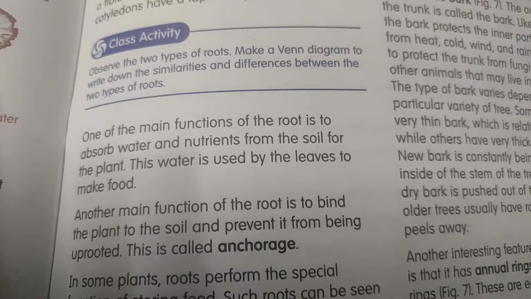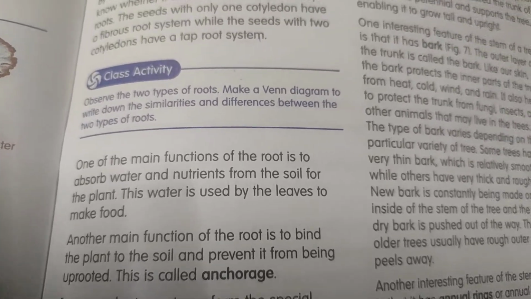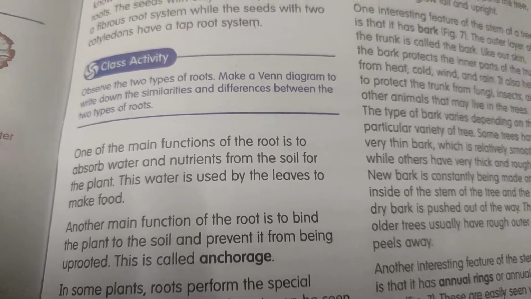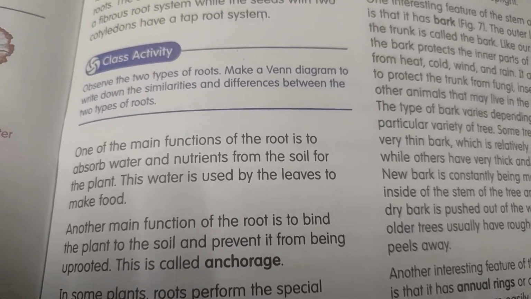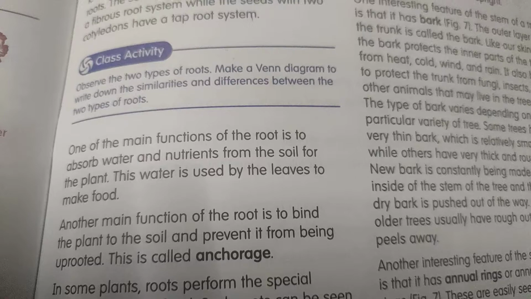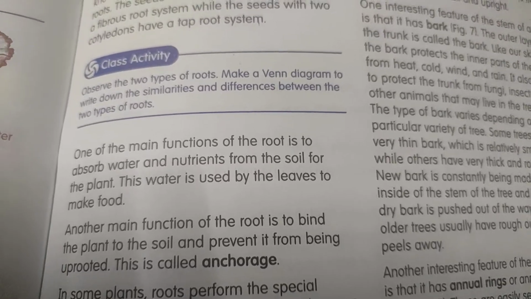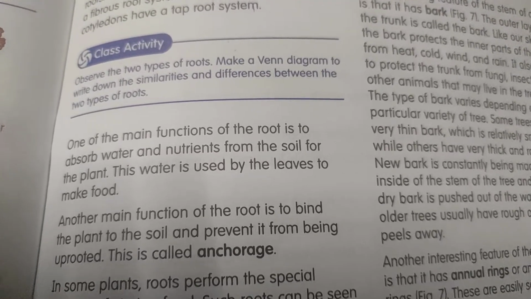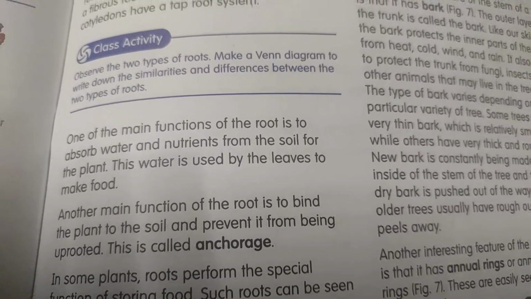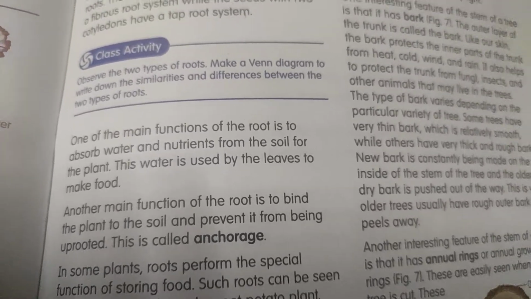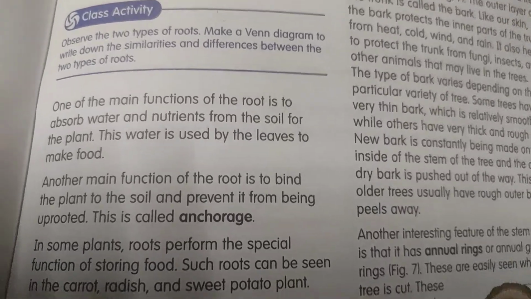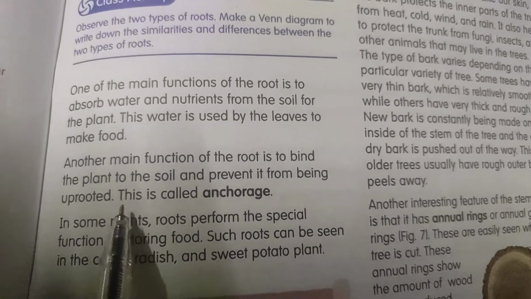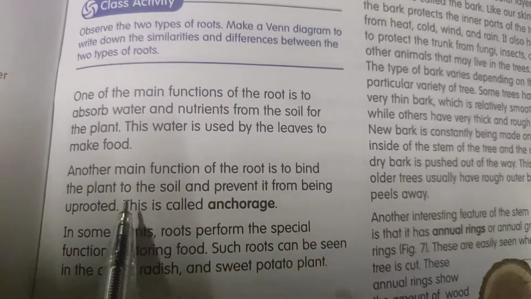To produce food, plants need water and carbon dioxide and also a few nutrients. Carbon dioxide is available in the atmosphere, but the water and the nutrients are present only in the soil. So through the root only, the water and nutrients are absorbed and passed to the leaves. Because of that only, food is produced. We will go to the next paragraph.